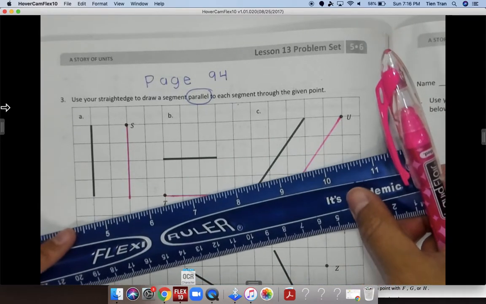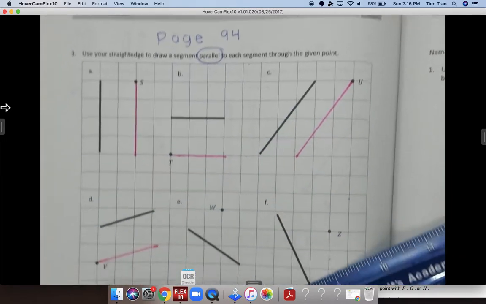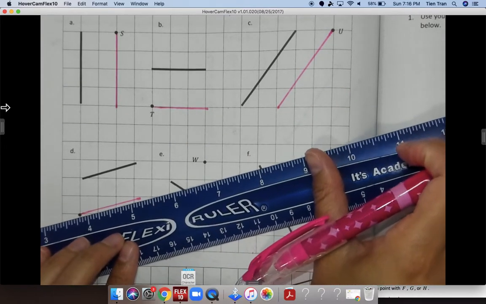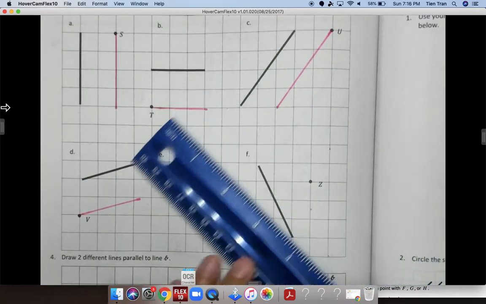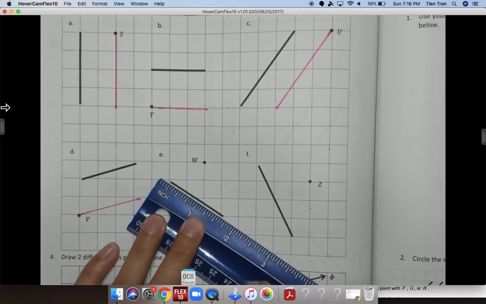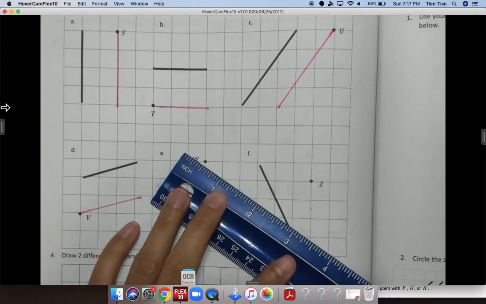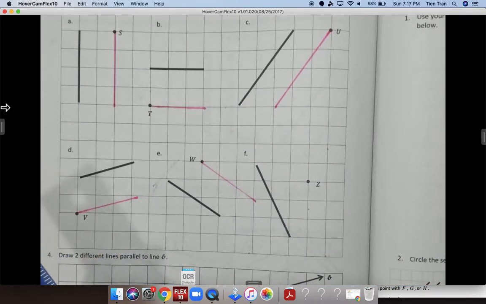For D, I'm going to make sure I slide down my ruler, and then I can draw my parallel line. Okay? And you notice that they are parallel lines because they line up, right? Oh, sorry, we didn't get to see that one very well. So this one, they line up like this. Okay? And then we have E. What we're going to do is I'm going to slide this one over and then draw my parallel line. And it's okay if it's not perfect.